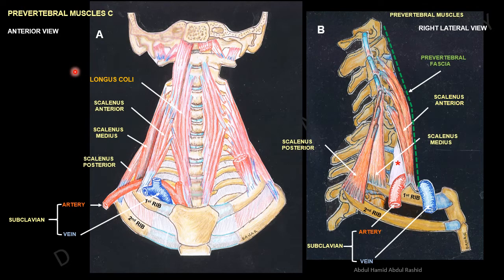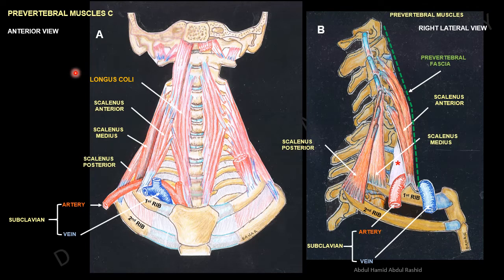Before this, I have already shown you two diagrams. One is the superior view of the first ribs and structures related, and the second one is the cervical vertebra seen from above. There I have already mentioned the relations of the upper surface of the first rib and the muscles related to the cervical vertebra.